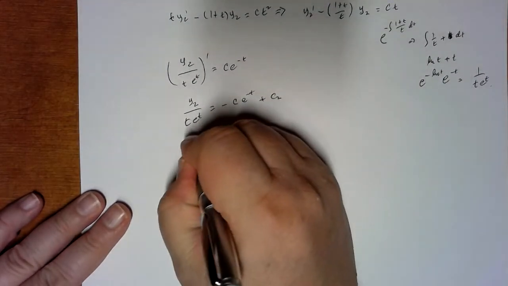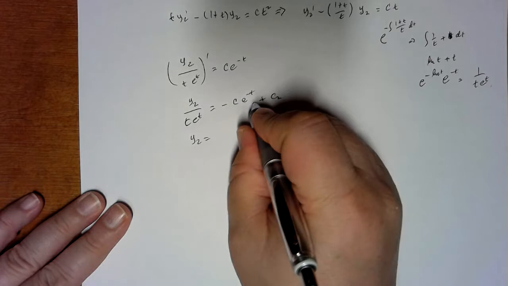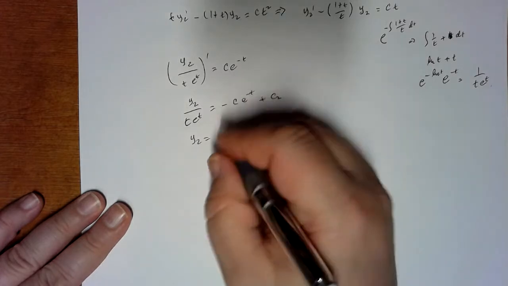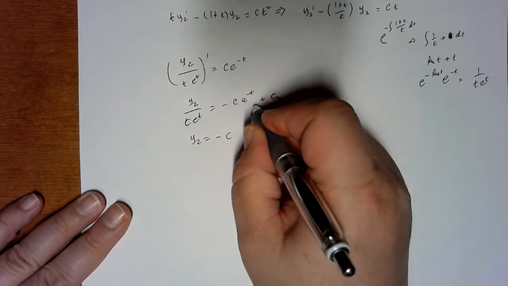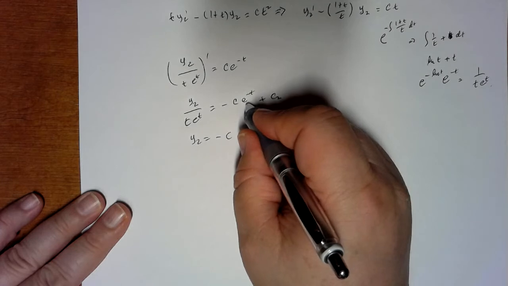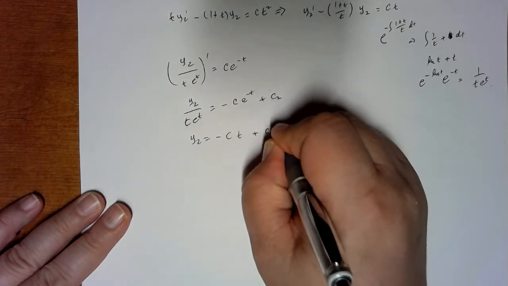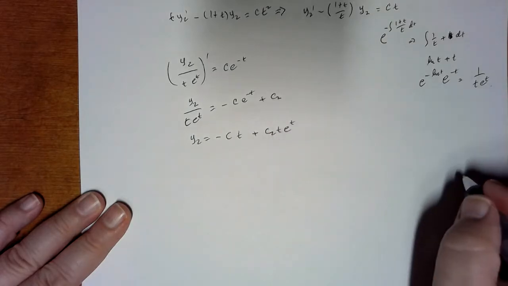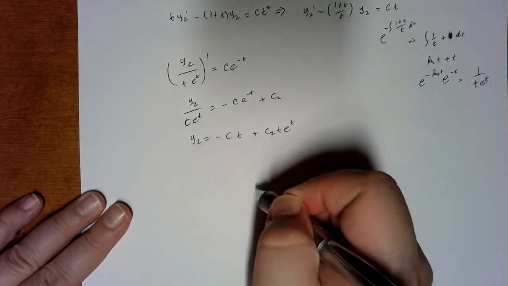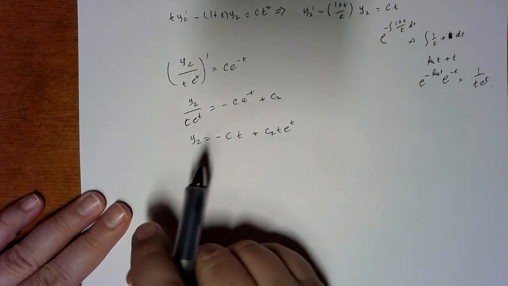And so y2 is going to be, multiply everything by t e to the t, minus c. Let's see, if I multiply this by e to the t, I'm going to have just a t plus c2 t e to the t. Good. Now there's our general solution, right?